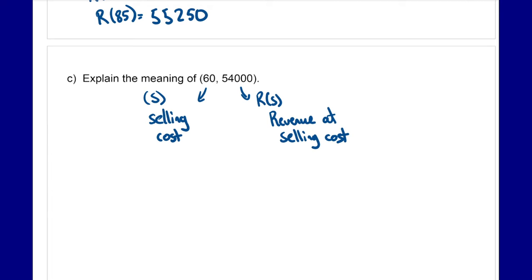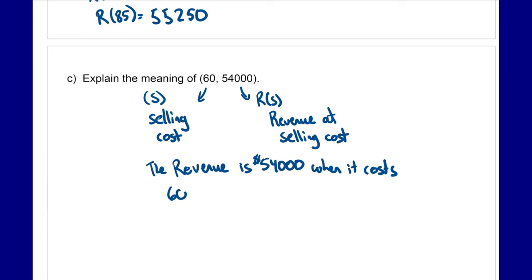So in this example, we can say the revenue is $54,000 when it costs $60, or say, $60 per bag.